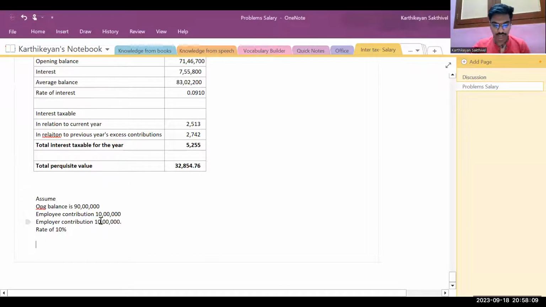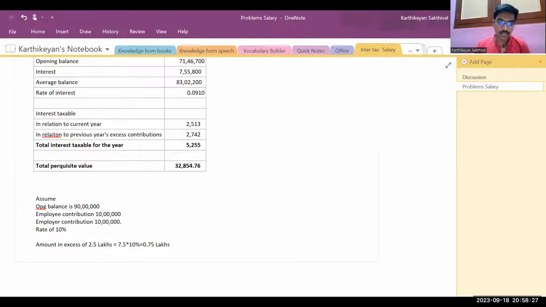First what I'll do is amount in excess of 2.5 lakhs இருக்கு இல்லையா? So 7.5 lakhsக்கு the entire interest of 10% is taxable. 0.75 lakhs.